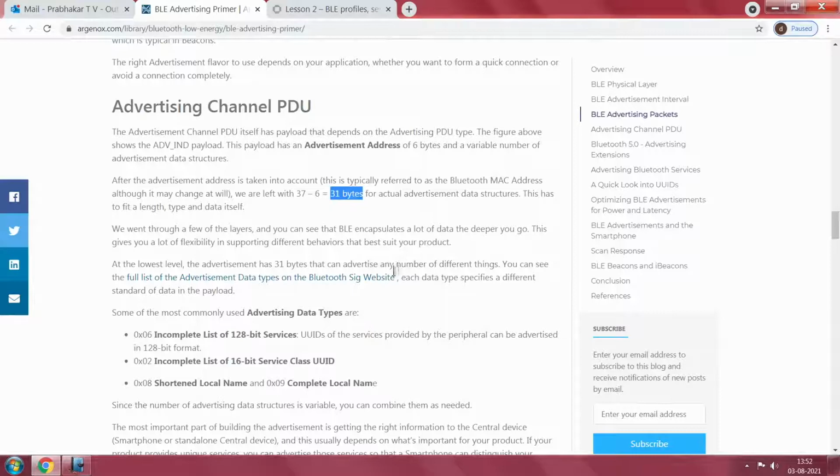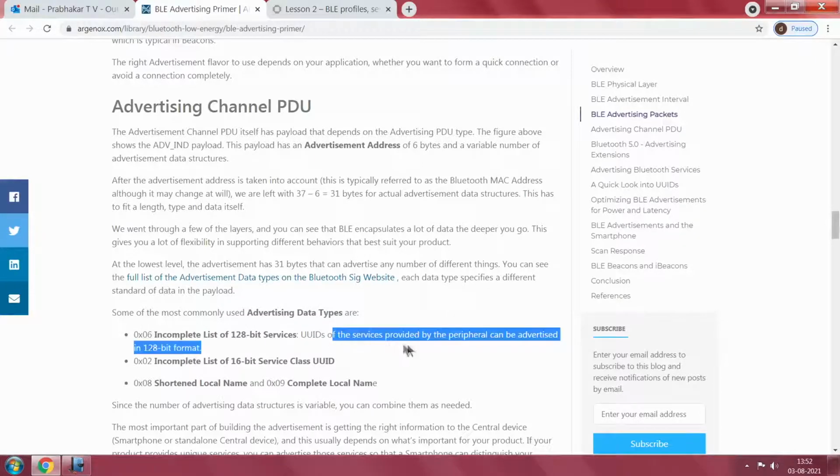Well, out of this 31 bytes, some of the bits are actually gone. Depending on what you want to do in the remaining 31 bytes, you will have to think about what are the advertising data types that you want to put into the payload. For example, if you put hex 06, this is nothing but incomplete list of 128 bit services which the BLE is offering.